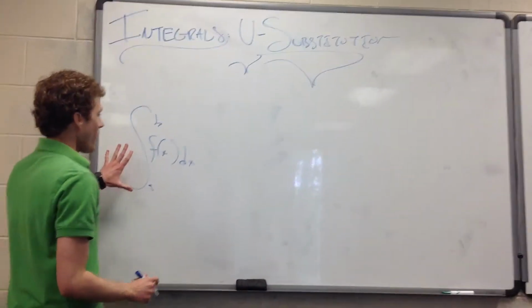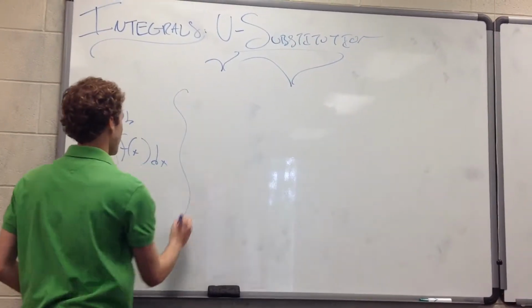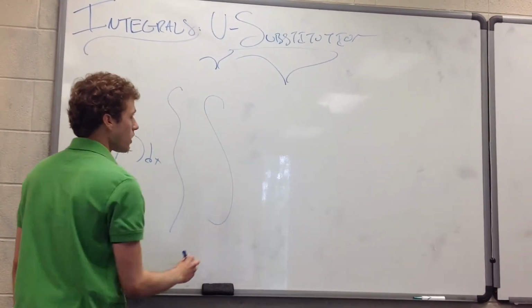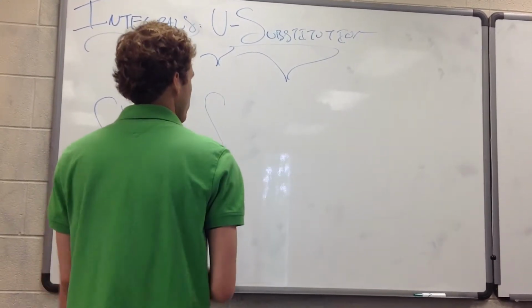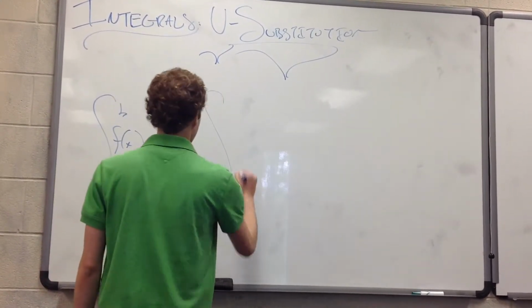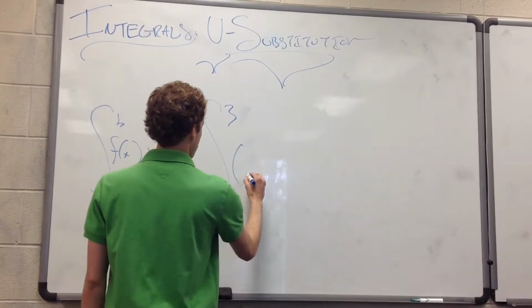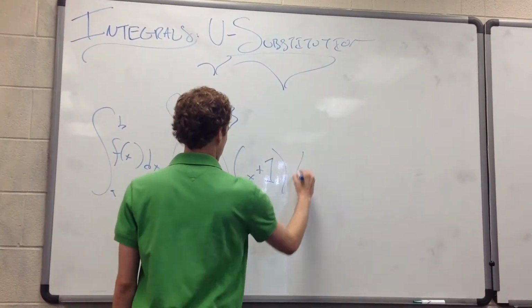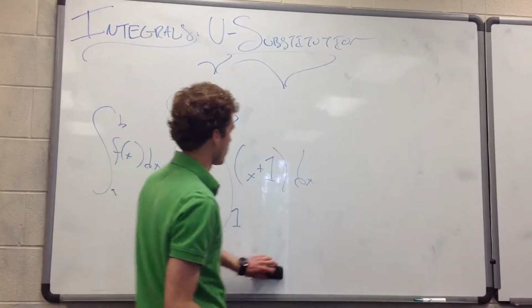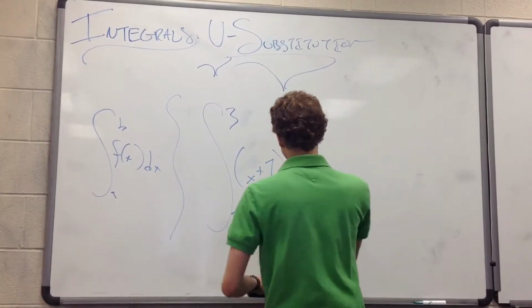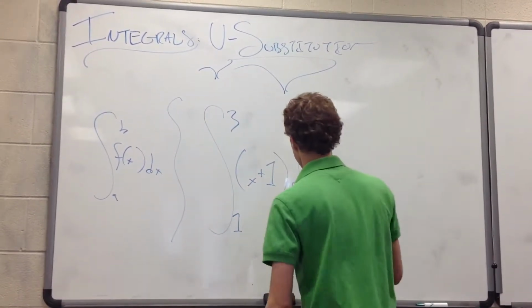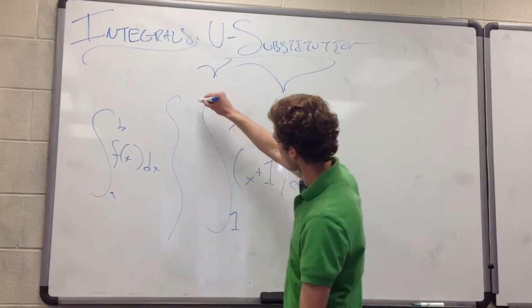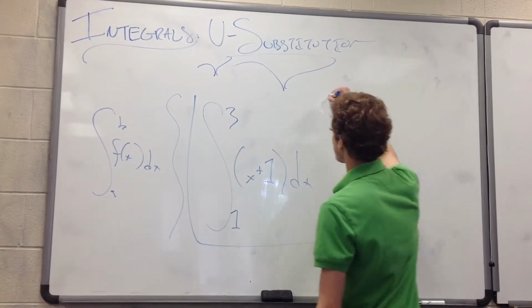So, I'm going to go ahead and put a function here. I want the definite integral over, let's say, 1 to 3 of x plus 1 dx. That looks like a 6x. Why should I care? I'm not going to have to do the problem. All right, so I want this definite integral right here, and I'm going to use u-substitution.